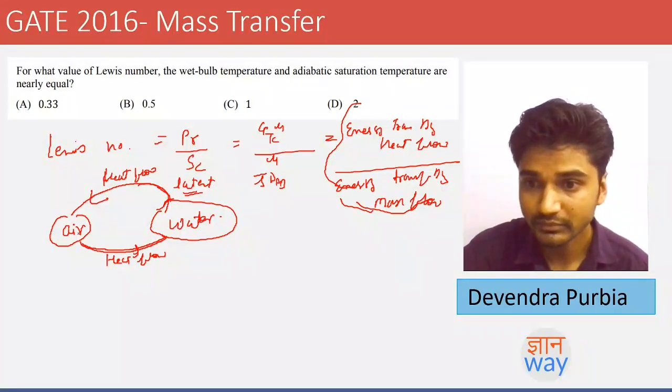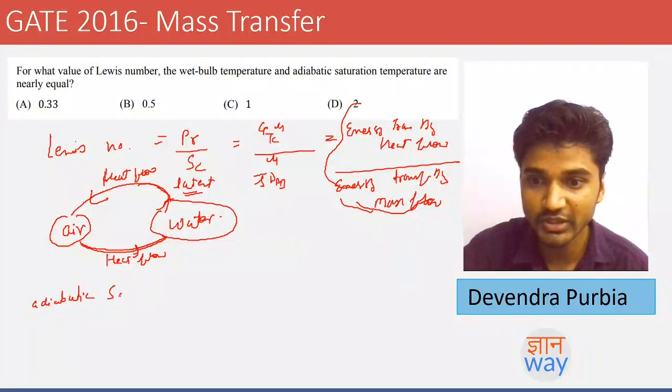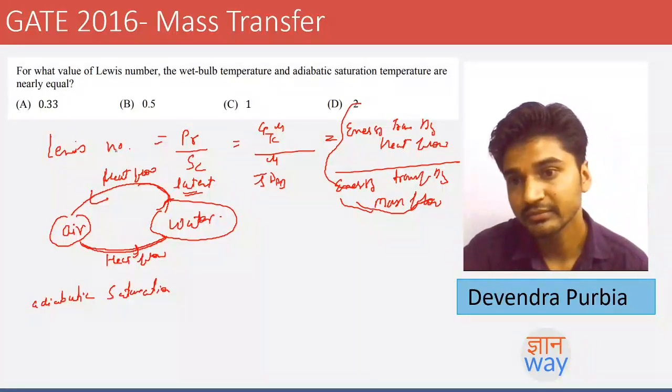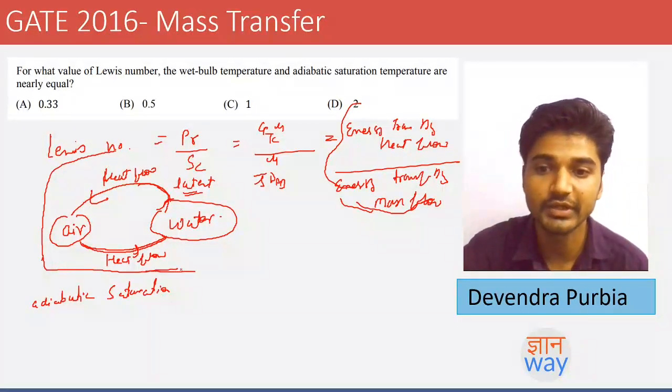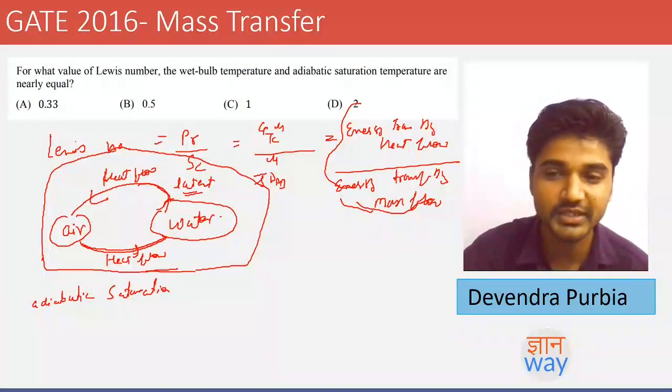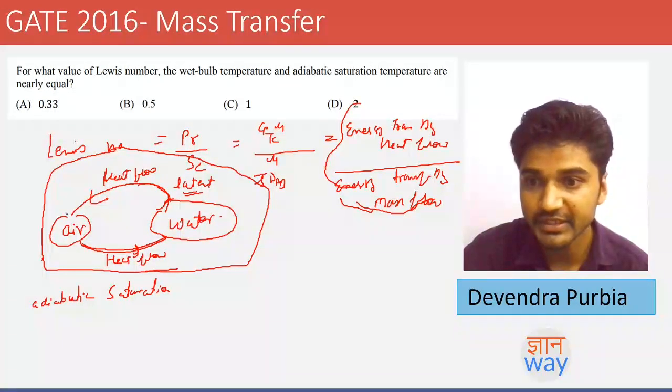Now the adiabatic saturation temperature means this system is not taking any heat from the surrounding. That is the ideal condition, or that is the adiabatic saturation temperature. And the wet bulb temperature is the temperature where this air is saturated with water.